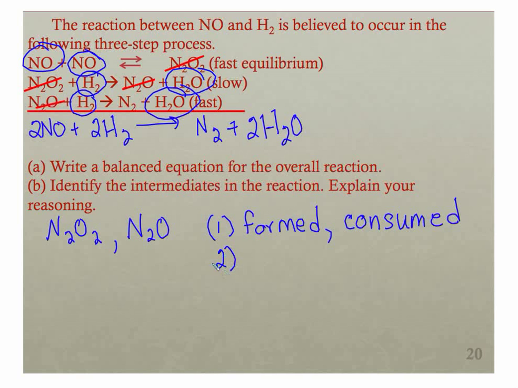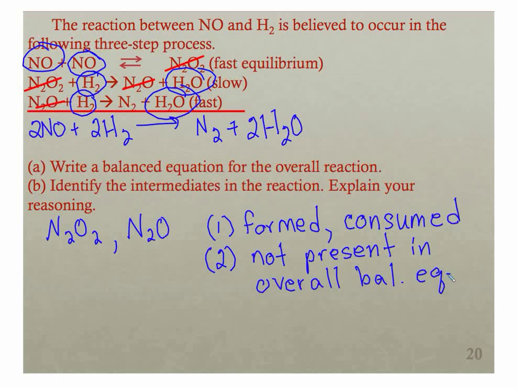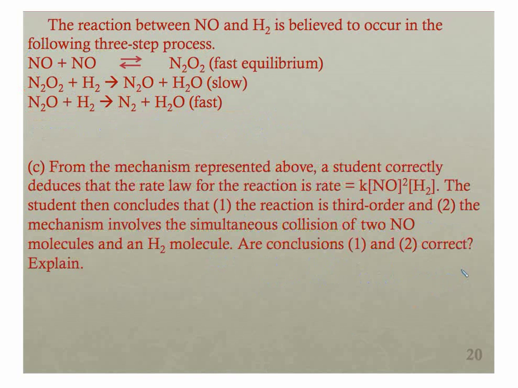These are formed and then consumed, and then they are not present in the overall balanced equation. So that would be your justification for those. All right, let's go on and see what else they're going to ask us about this.